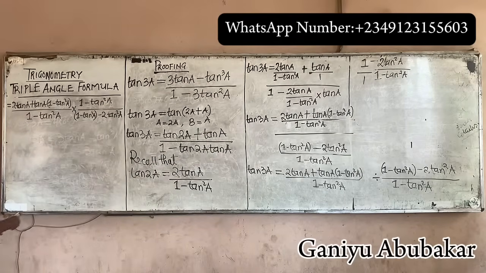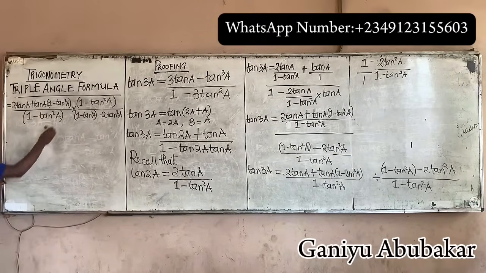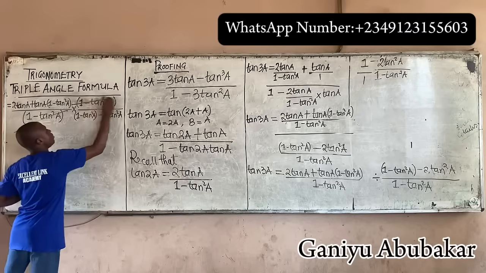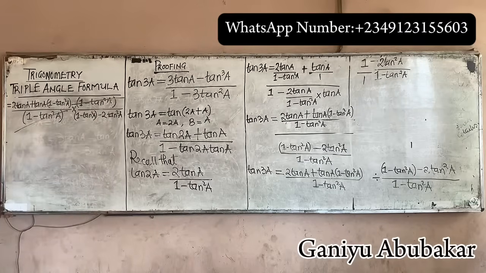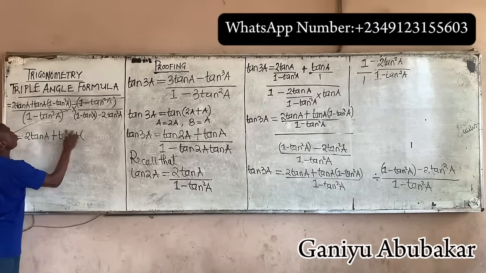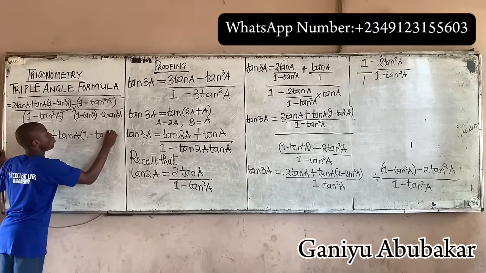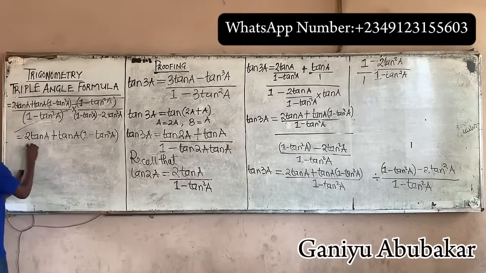What do you observe? Observe that what I'm having here and here are similar. So this one now, we cancel out this. I'm left with what? 2 tan a, this one, plus tan a into 1 minus tan squared a, right?